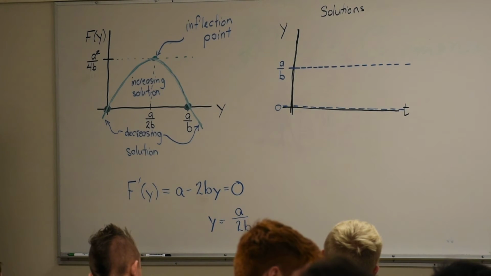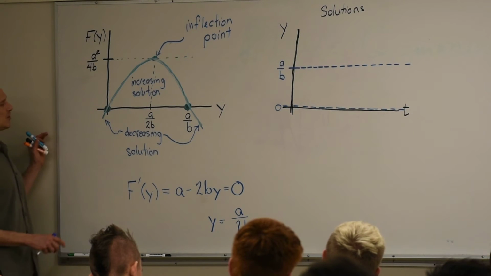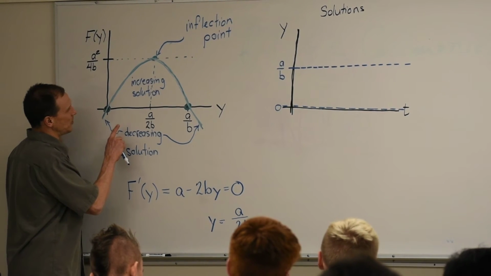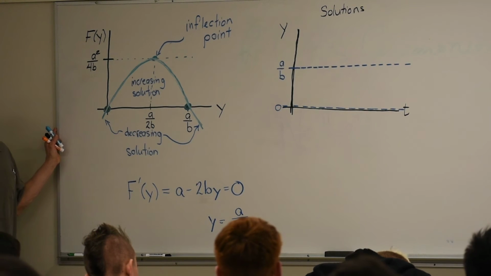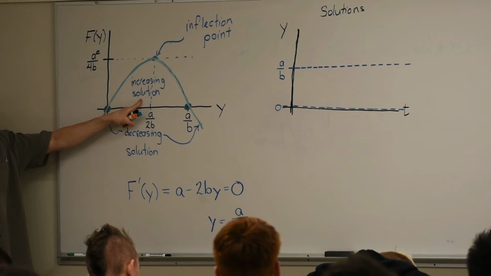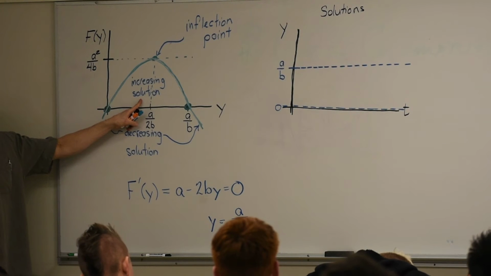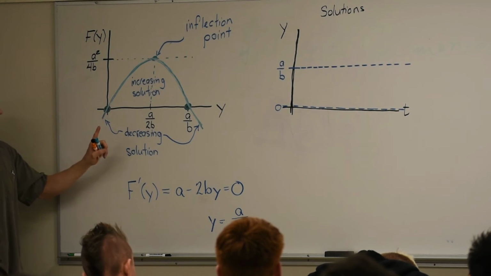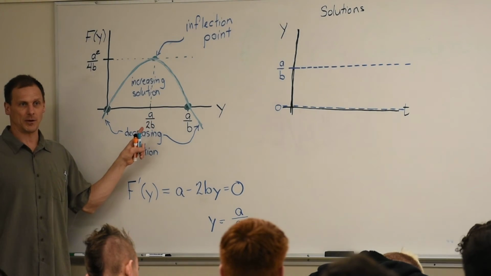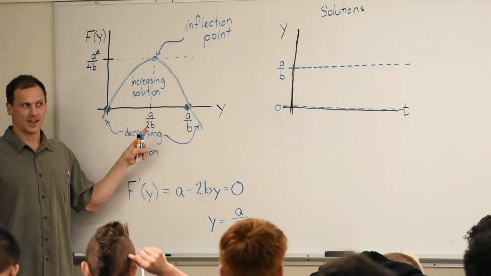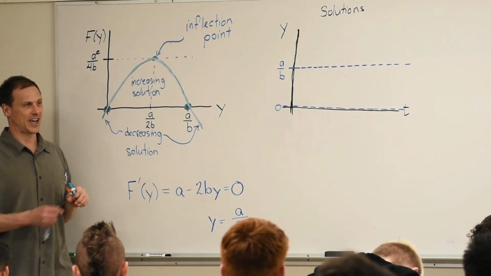So let's take a look at our solution. If we're between 0 and a over b, what do we know about our solution? Let's start with the easy one. It's increasing, right? And also, when it gets to the height of a over 2b, what do we know happens? It changes concavity.